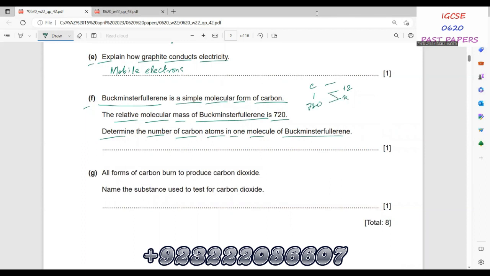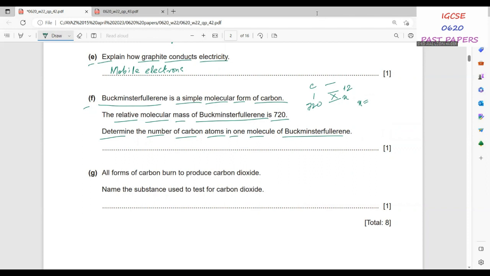So it will be X, and X is equal to one carbon atom is 12 and X carbon atom will be 720. So we'll have 720 divided by 12. The answer will be 60.